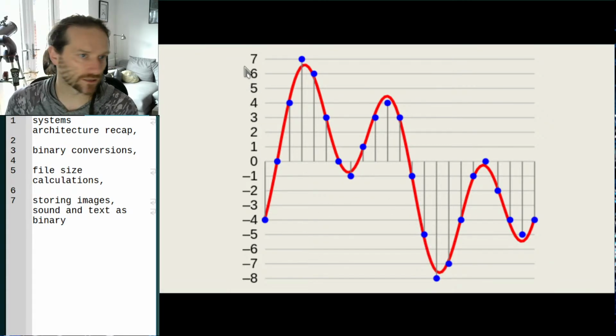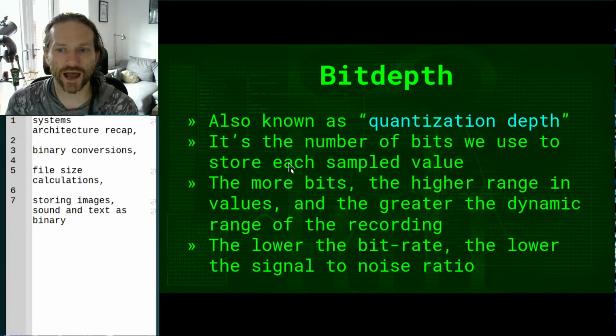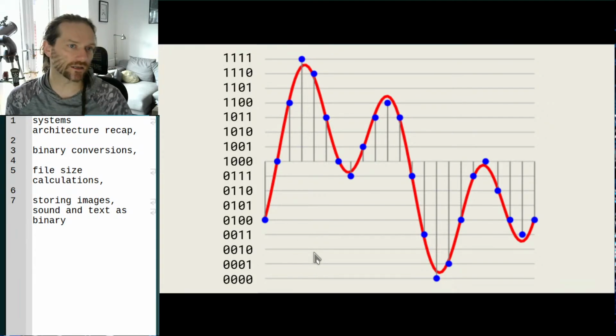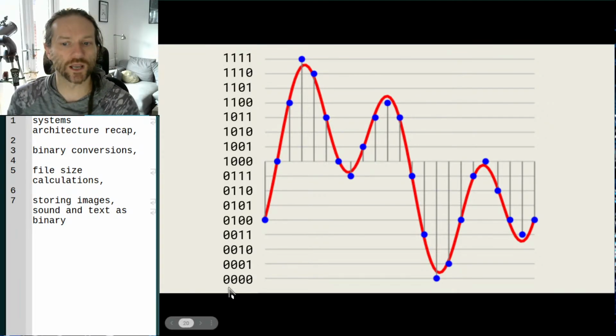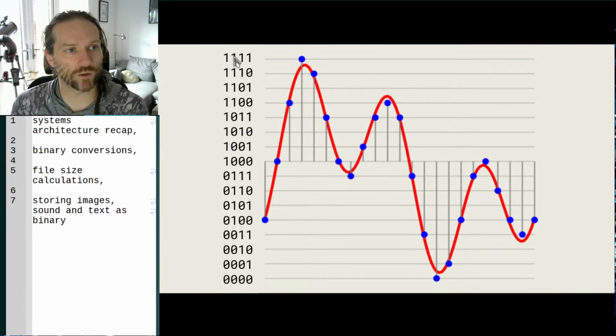Obviously computers aren't going to store things as denary values which start at 0 and go to -8 or +7. They store them as binary data like this. So the lowest point in this example might be 0, 0, 0, 0, the next one 0, 0, 0, 1, and so on and so forth, all the way up to 1, 1, 1, 1.